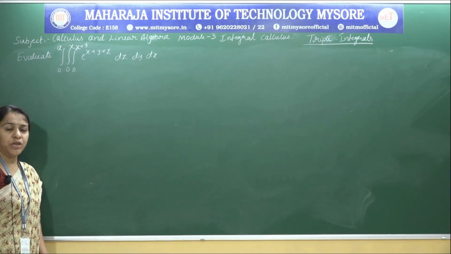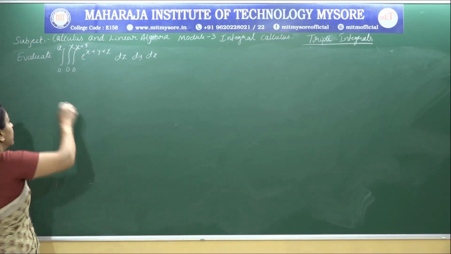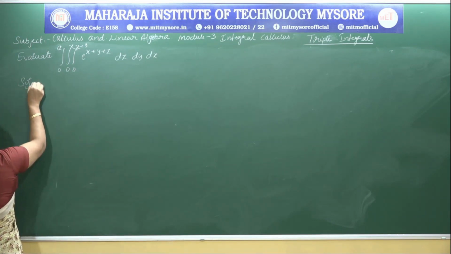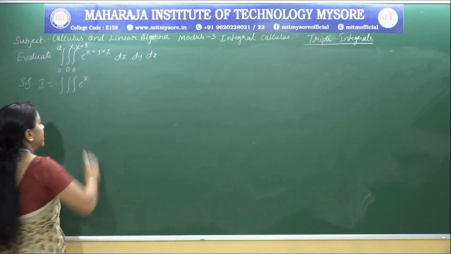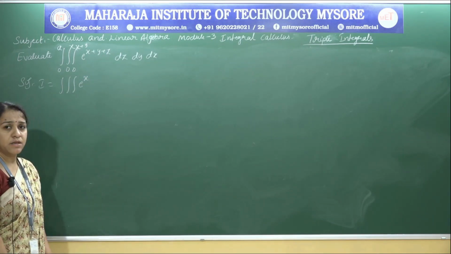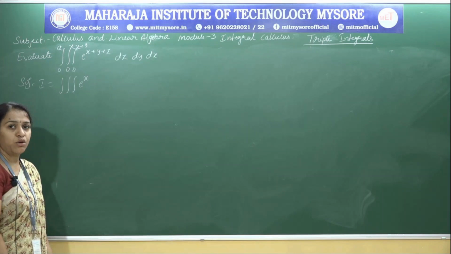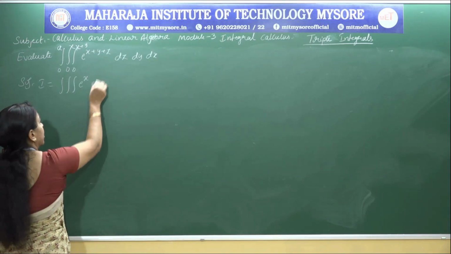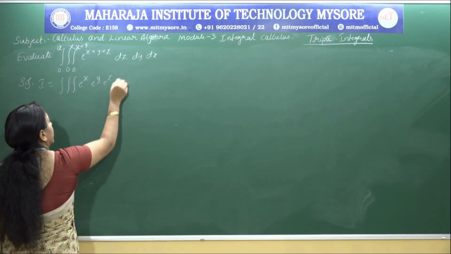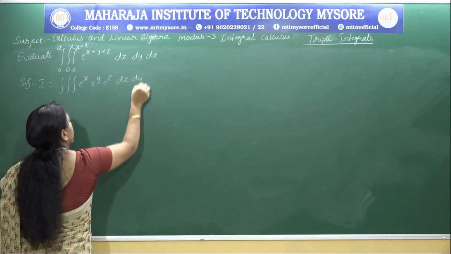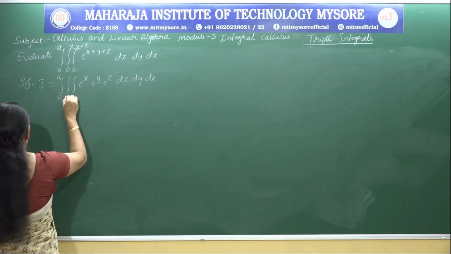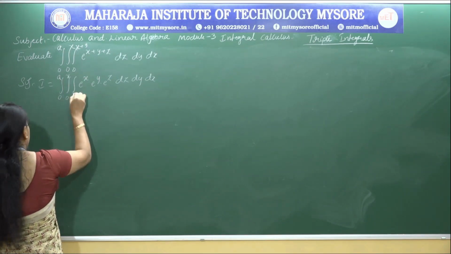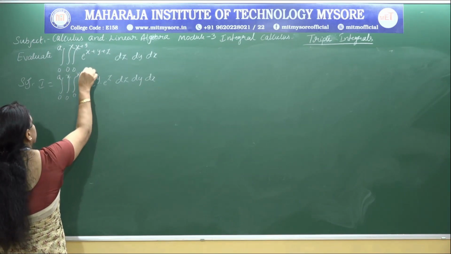So consider the given integral as I. So I is triple integral e power x. I split the sum of the power as multiples, that is e power x into e power y into e power z into dz dy dx, and the limits are 0 to a, 0 to x and 0 to x plus y.